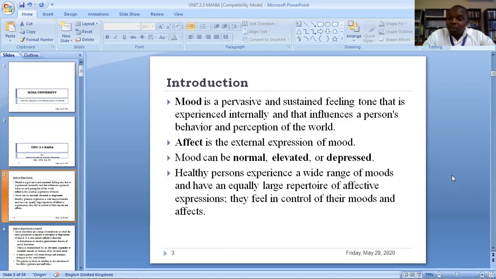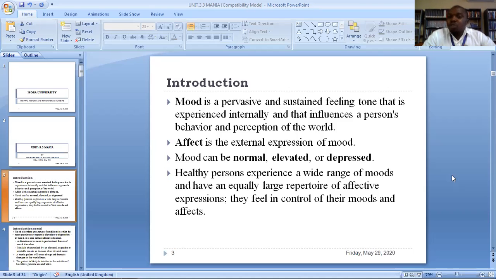So in this condition we are going to look at today, it involves the two, mood and affect. Now let's look at mood. Mood can be normal, mood can be elevated, mood can be depressed. Those that have a normal mood usually experience a wide range of moods and have an equally large repertoire of affective expression.